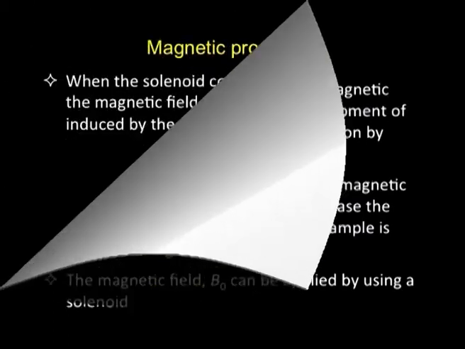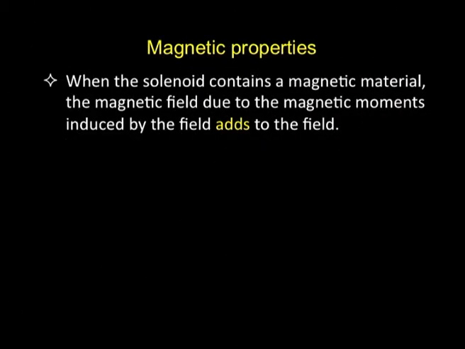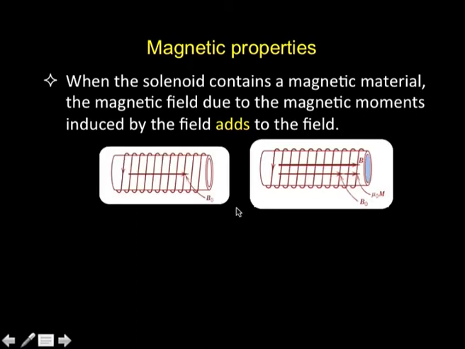Let us understand that. Now, if I have a solenoid which contains magnetic material, in that case the magnetic field due to the magnetic moments induced by the field also adds to the field. Earlier, we had a solenoid, we passed current around the loops, and there is some kind of a field generated by passing current through these wires which are coiled around the solenoid.